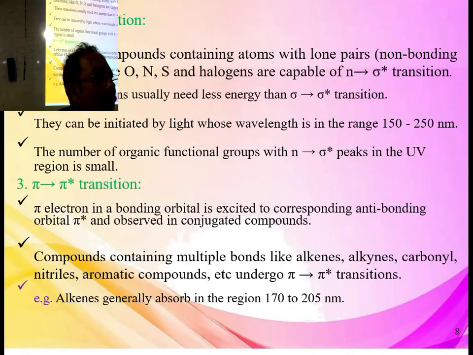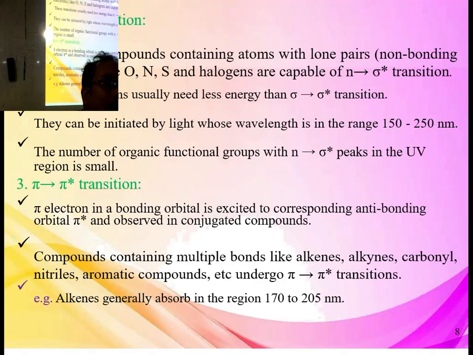Now if you consider pi, pi is U and pi star is G. By the same reason, if you consider pi and pi star, pi is U and pi star is G. Sigma is G, sigma star is U. It usually becomes opposite whenever you are taking bonding and anti-bonding.